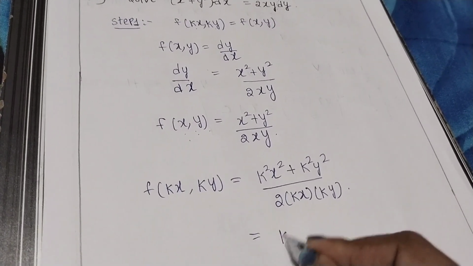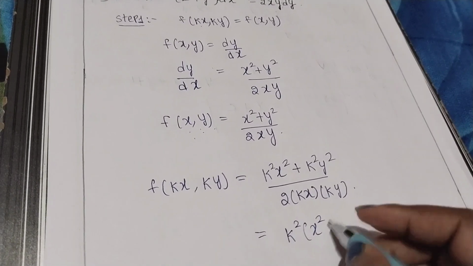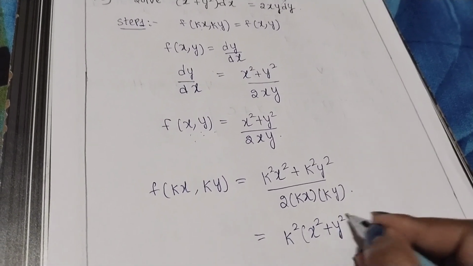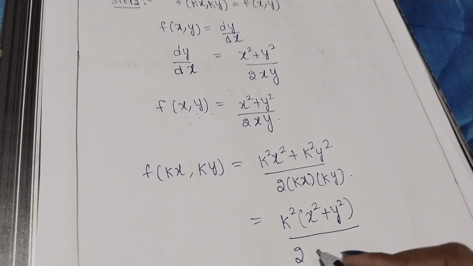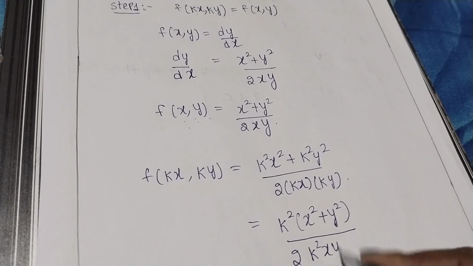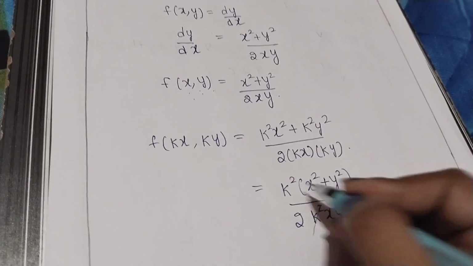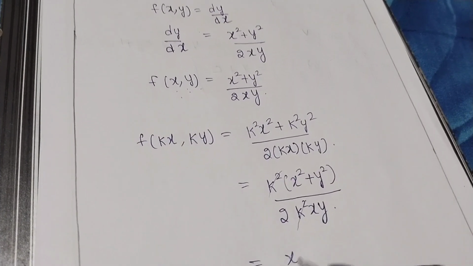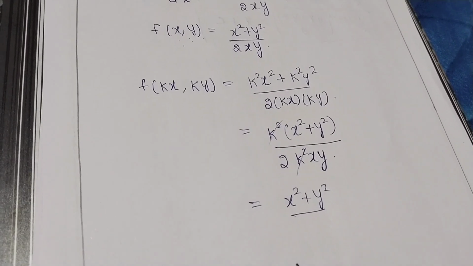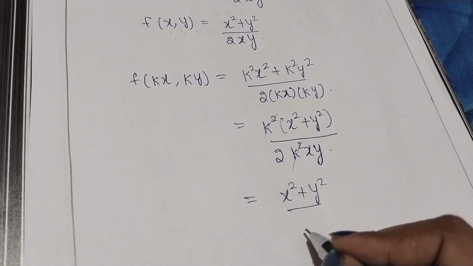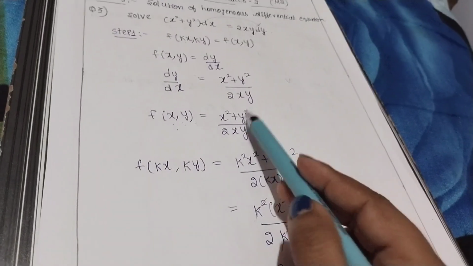In the numerator I can take k square common, k square of x square plus y square, divided by 2 into k square xy. So k square and k square get cancelled, and it is x square plus y square divided by 2xy. We got the same thing here.